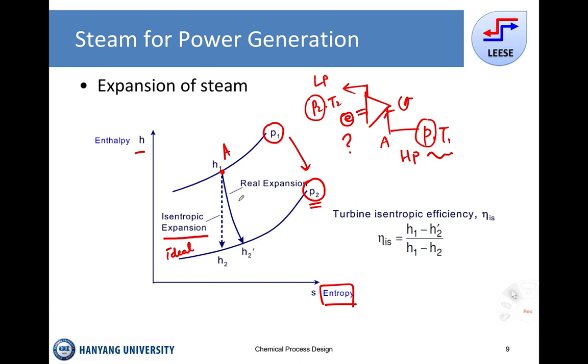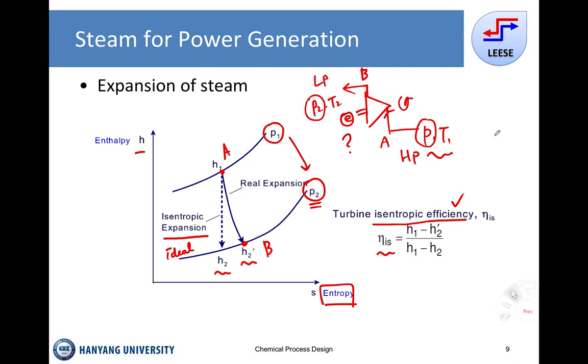The real expansion probably follows this line, so H2 prime will be the final condition for the steam expansion. The isentropic efficiency is given by that. In other words, the deviation from the ideal condition is taken into account by this efficiency.